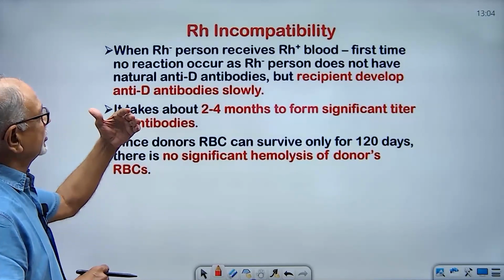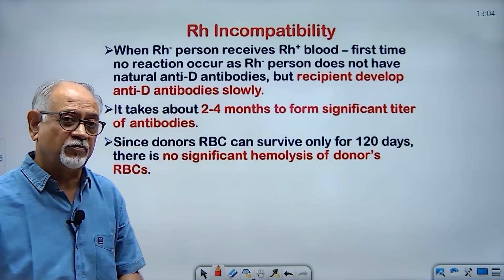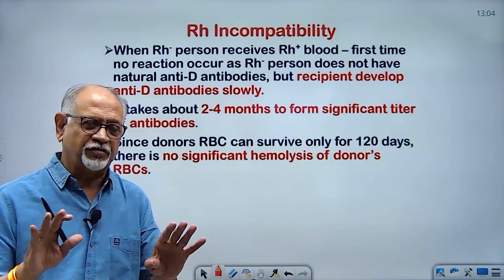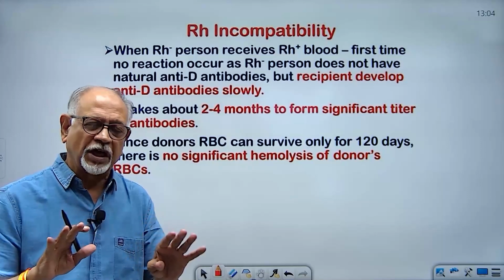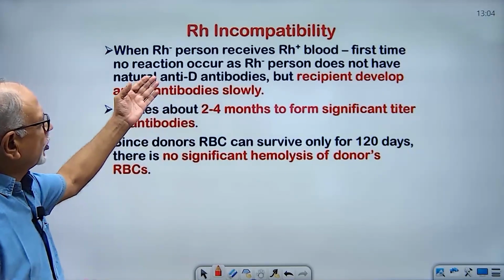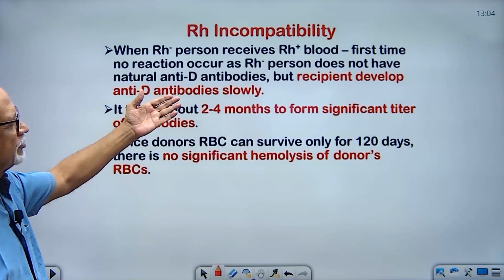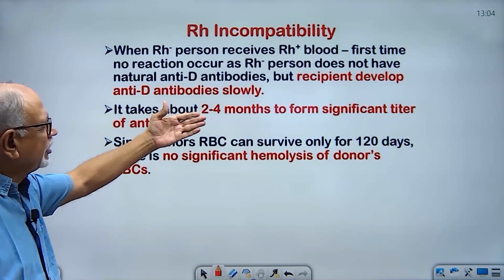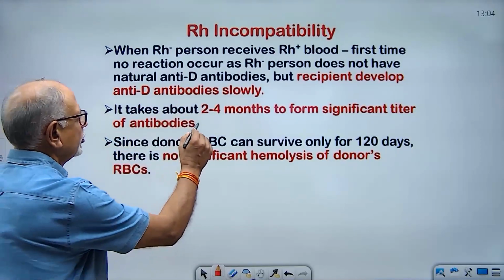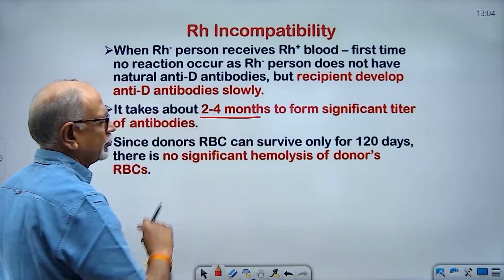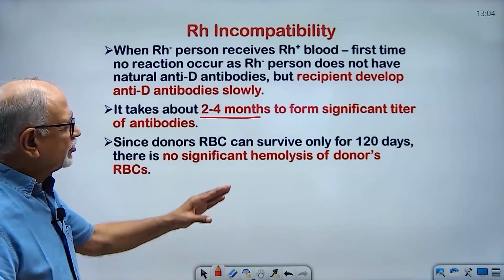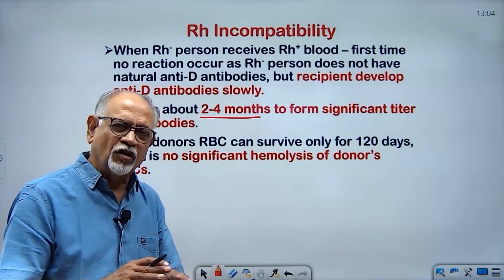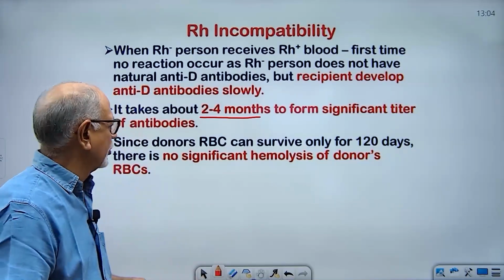If a Rh negative person receives Rh positive blood the first time, there will be no serious consequence, as the formation of Rh antibodies takes a long time. They are formed very slowly, and it takes about 2 to 4 months to develop a significant titer of antibodies that can cause harm to the recipient.